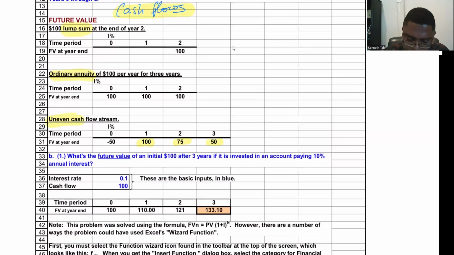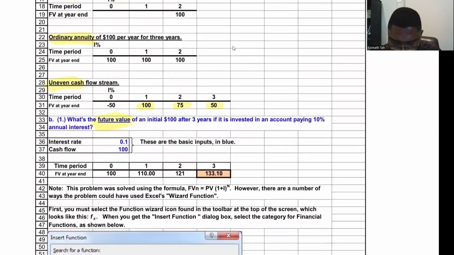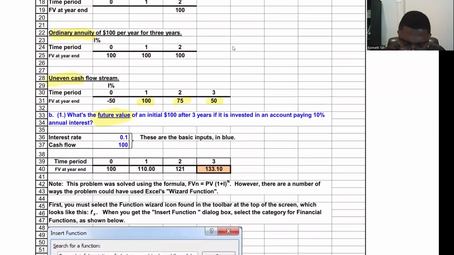All right, so let's look at the first set of problems on future value. How we calculate the future value. This problem says, what is the future value of an initial $100 after 3 years if it is invested in an account paying 10% interest annually?